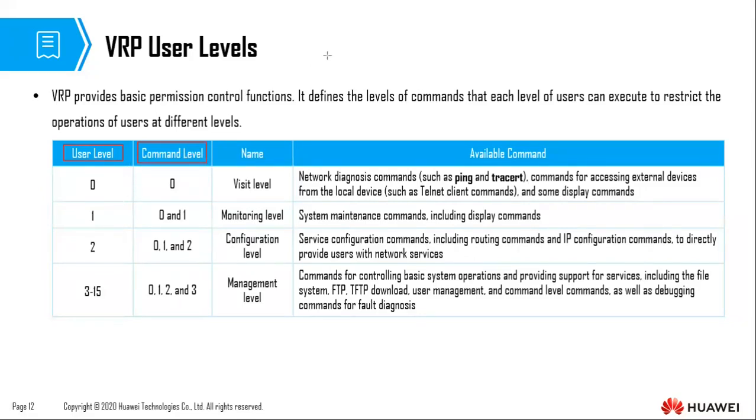By mapped meaning, for example, if you are user level 0, you can only access command level 0. If you're user level 1, you can access command level 0 and 1, and so on and so forth. What is important to note here is that the user levels move from level 0 to level 15.